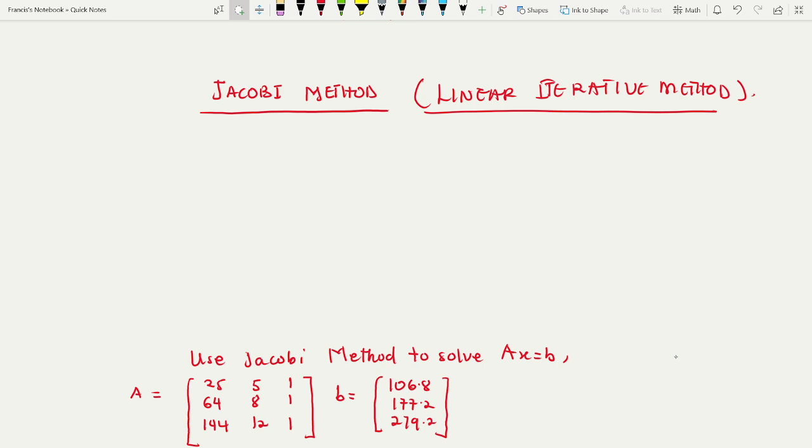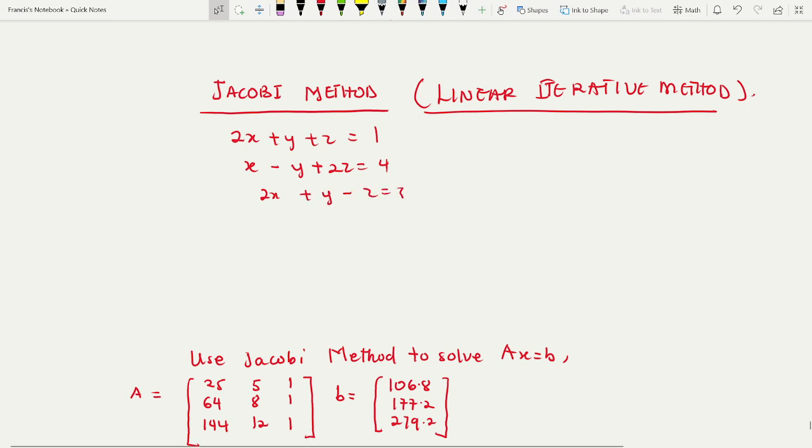Specifically Jacobi. Assuming that I have a system of equations, let's say 2x plus y plus z is equal to 1, and x minus y plus 2z is equal to 4. Then I have, let's say, 2x plus y minus z is equal to 3.